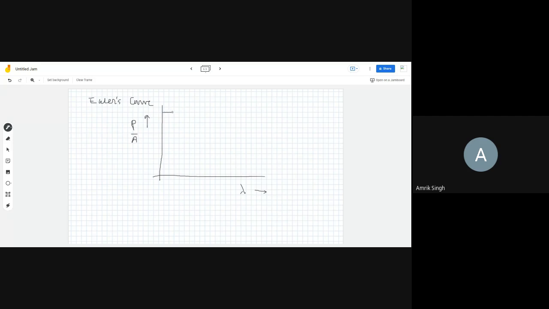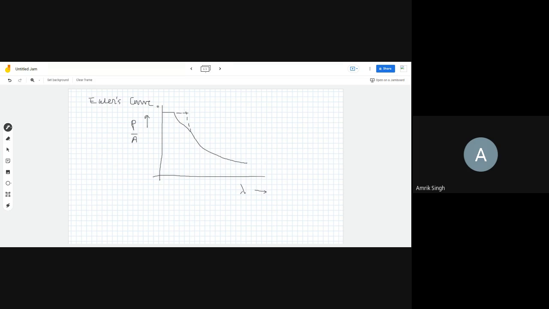This curve is like this. If you come here, it is like this, and from here, if you extend this curve, it will be like this, and if you join this, it will cut here.